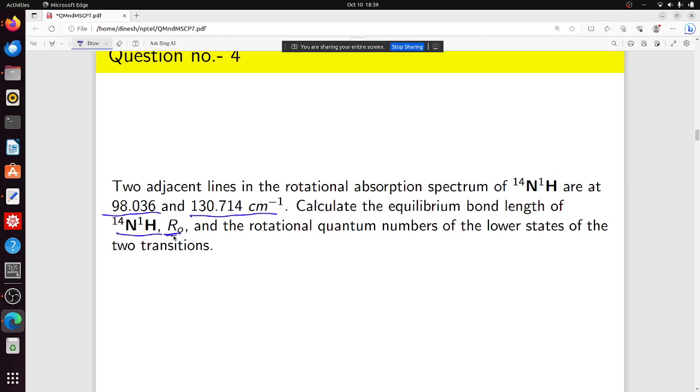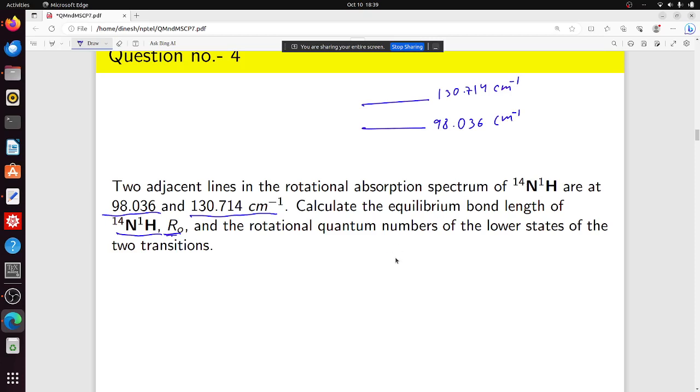That means you have to calculate R0 and the rotational quantum number of the lower state of the two transitions. Okay, so there are two levels given with energies 98.036 and 130.714 centimeter inverse.